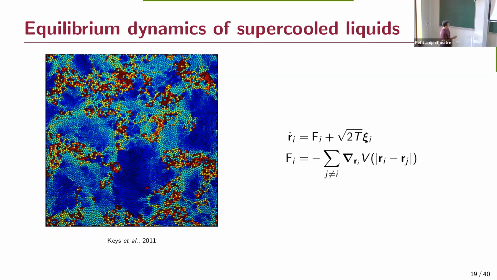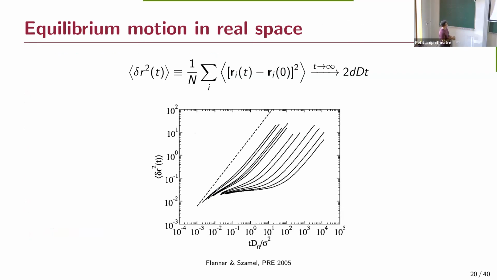So if you take a glassy system, like a system with particles of different sizes undergoing overdamped Langevin dynamics, one of the ways the glassiness can be manifested is if you look at how much particles move in real space.